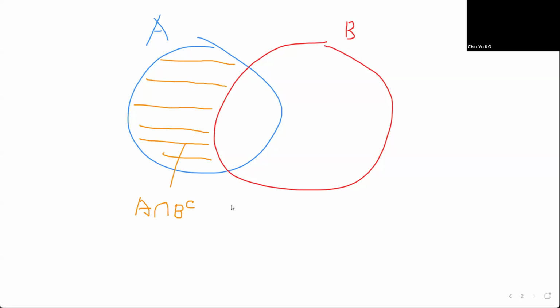And you have the green part, which is the vertical line here. What's the green part here? The green part is A intersect B, right? So the blue circle is the orange area plus the green area, right?